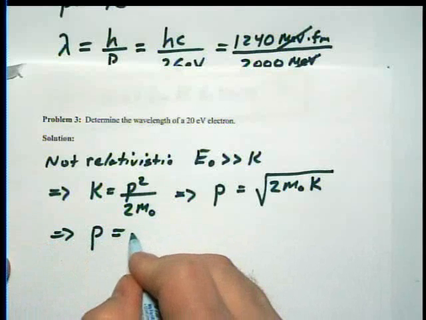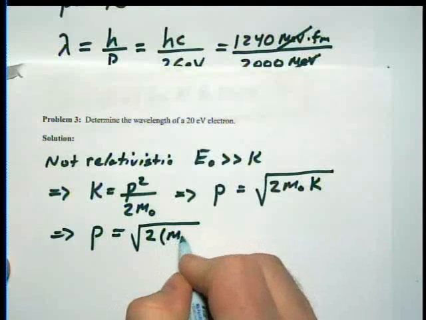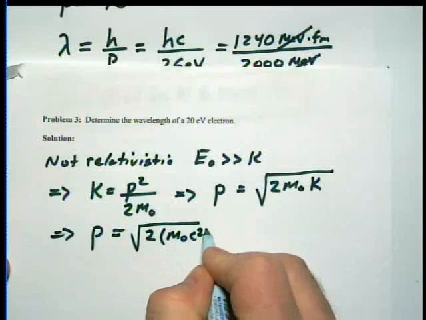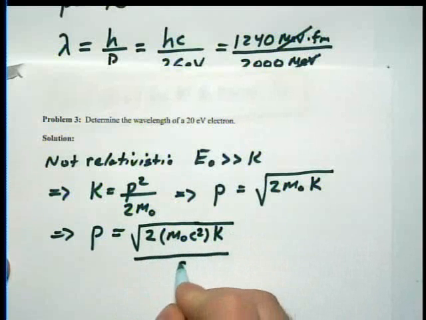So I multiply this by c squared, getting the square root of 2 m naught c squared times K, and then I need to divide that by c.